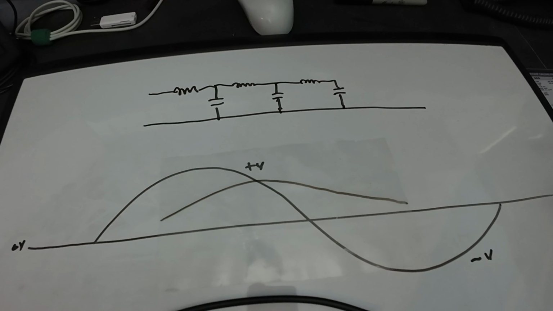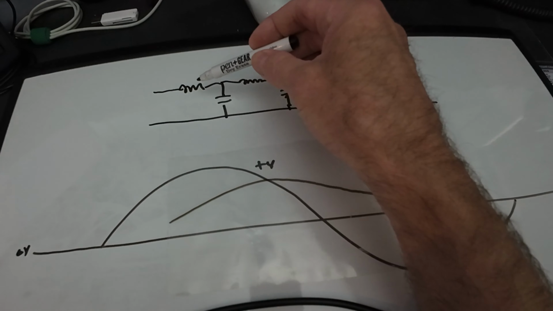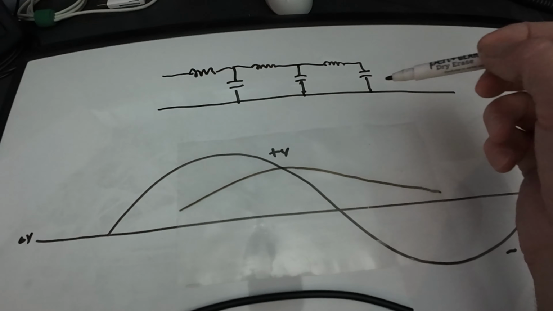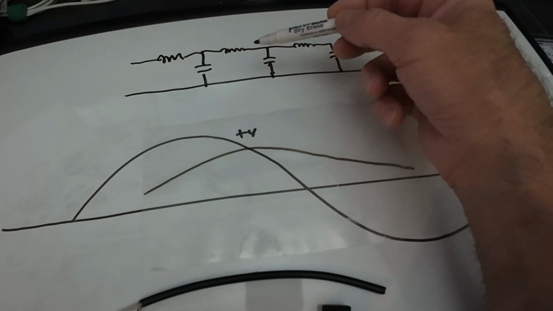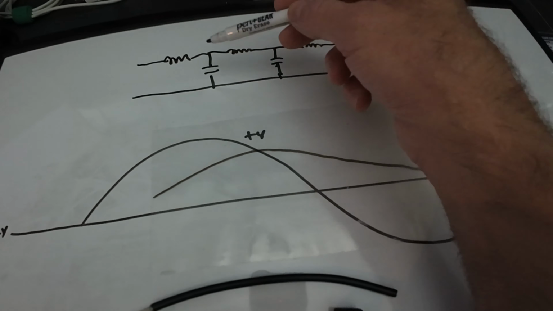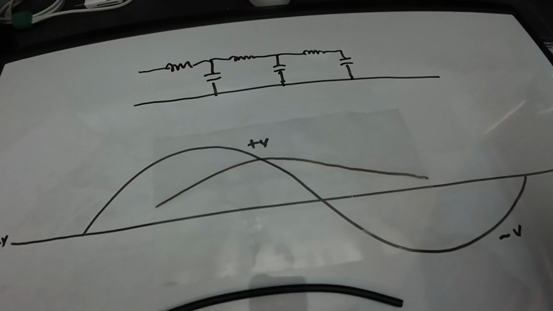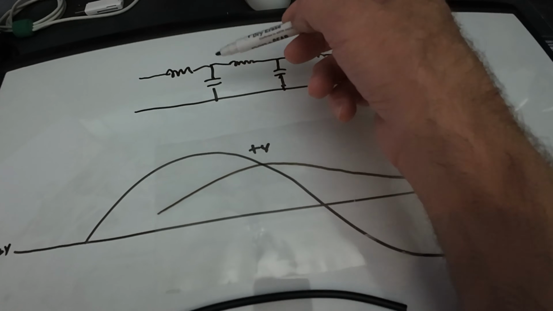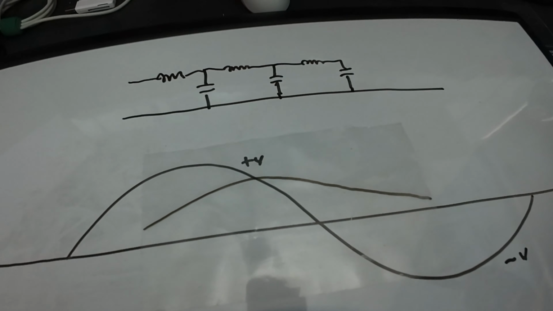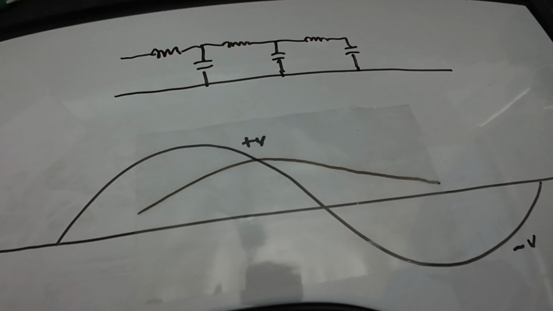That's how you model a transmission line. It's series inductance in the wire. Remember, inductors resist current flow. And since it's two conductors side by side, we have some capacitance between them. So we have series inductance and shunt capacitance between those two conductors.